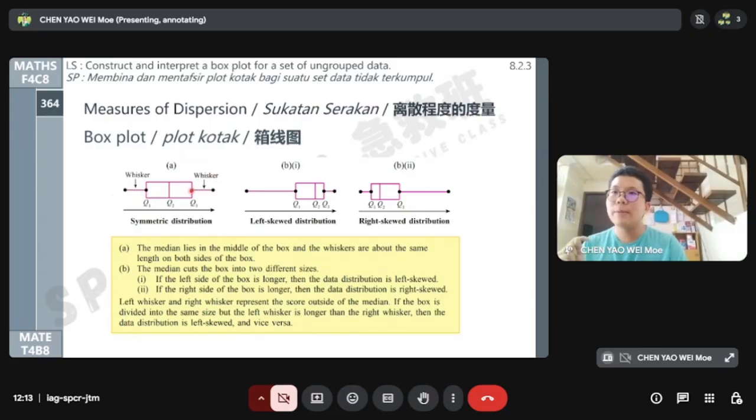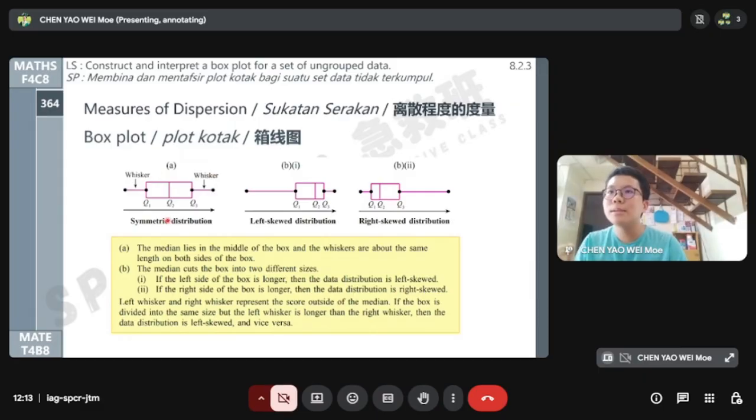Quartile 3 connects with the maximum value. And quartile 2 stays here. Quartile 1, quartile 2 and quartile 3 are drawn with a straight vertical line, and for the others, a horizontal line. Just do like this. And how do we determine the distribution?